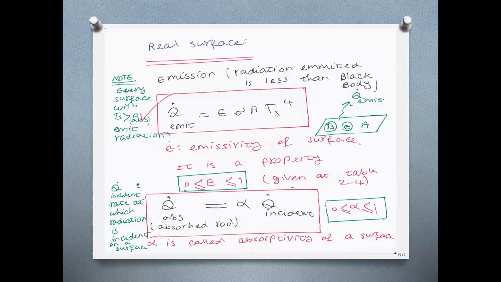So everything in the world with Ts greater than absolute 0 emits radiation to the rest of the world. And by the way, any surface also receives radiation from the rest of the world. So we define Q dot incidence. That is the rate of radiation incident on the surface.